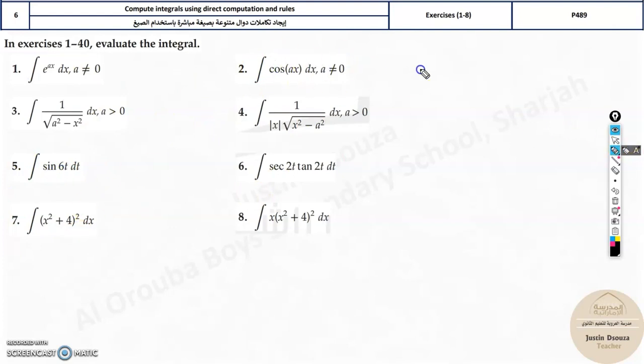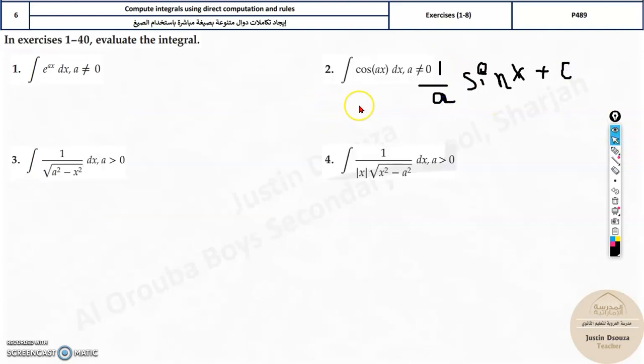If you're doing cos, all you need to remember is the cos formula. This is the shortcut. The integral of cos is just sine, so it'll be sine x plus c. But don't forget, you need to have this constant 1 by a outside. You can do the u substitution and check the answers as well.